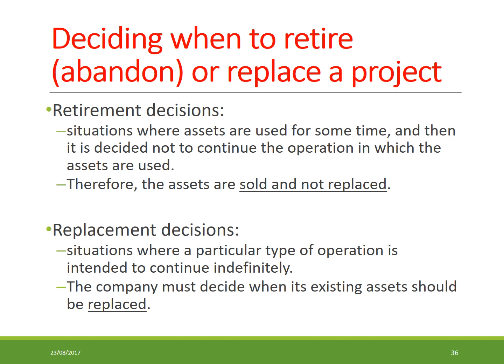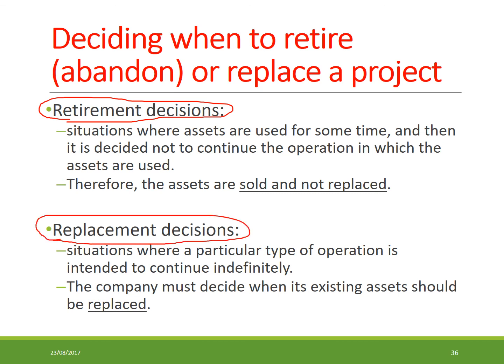Okay. So here the importance is the timing. With the replacement decision, this is when we use the asset for some time, but now we don't know whether we should continue to use the same asset or replace it with a better asset.